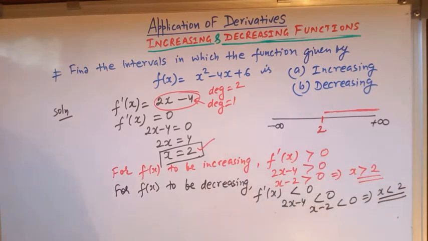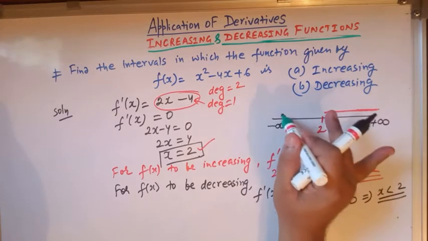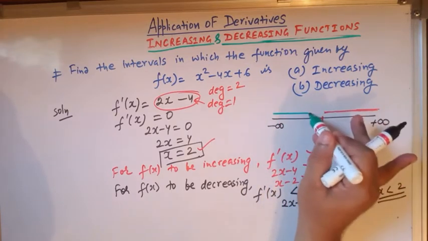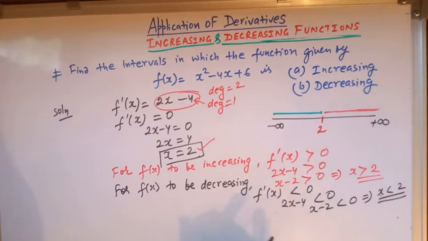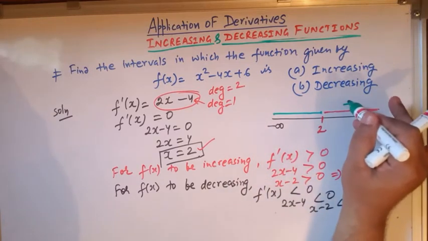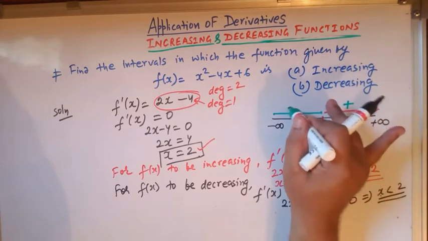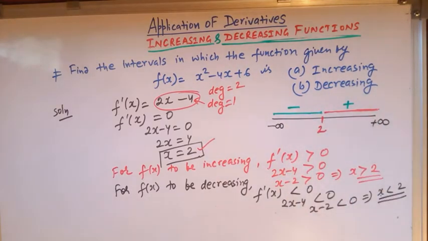So this is the reason which represents x less than 2. So here we write the positive sign and here we write the negative sign.